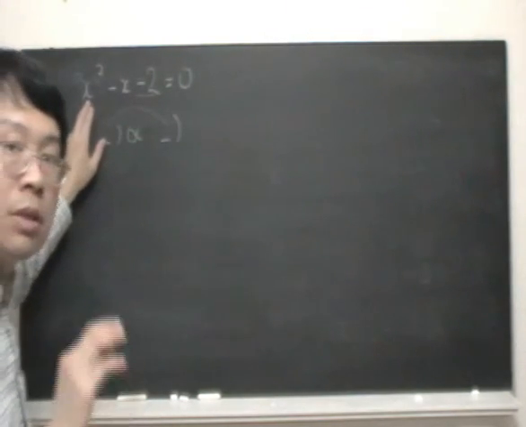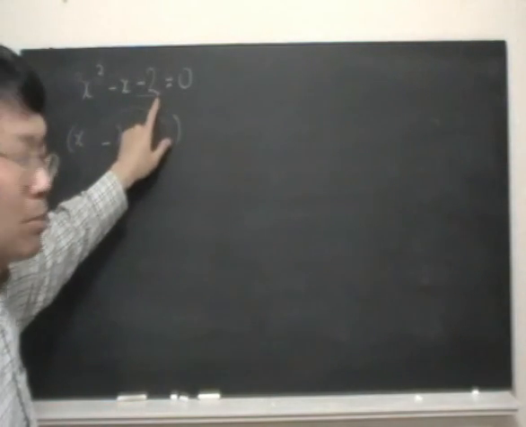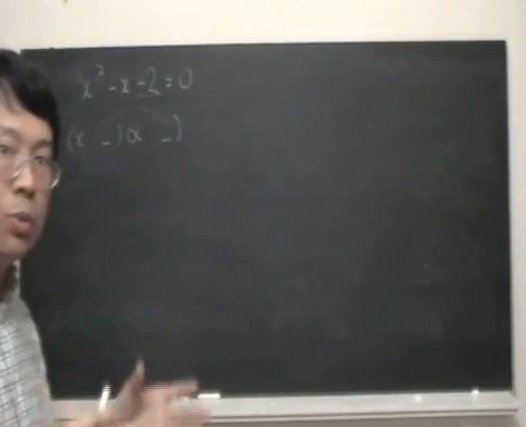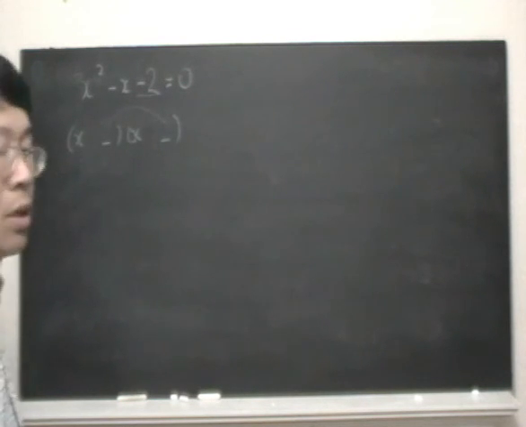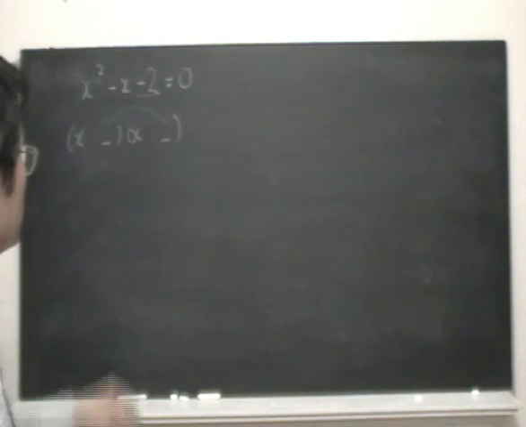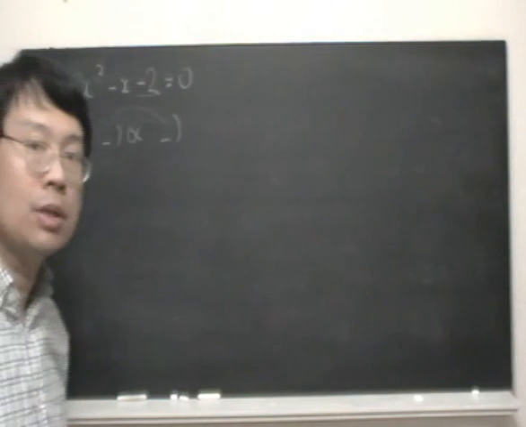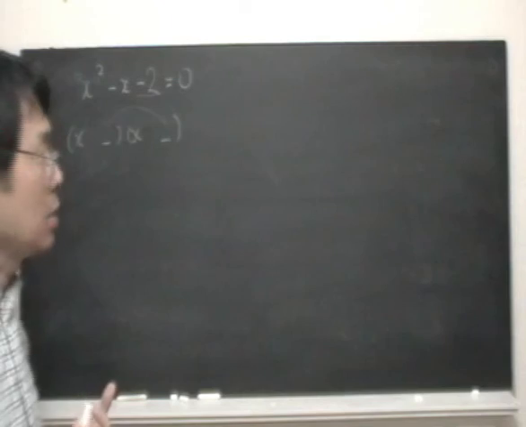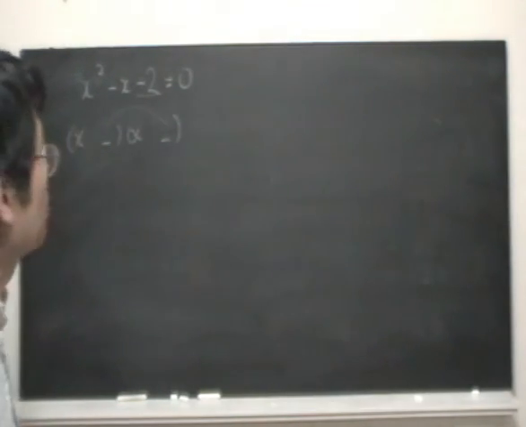That's the term in x squared, the term in x, and the number is called the constant term, in the sense that we know what the number is, so it's fixed. It's not an unknown. So it doesn't change either. Right, so these two numbers will multiply to give minus 2. And the way to find these numbers is to think about the factors of minus 2.